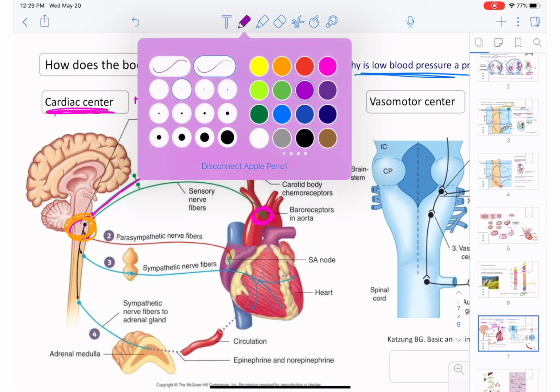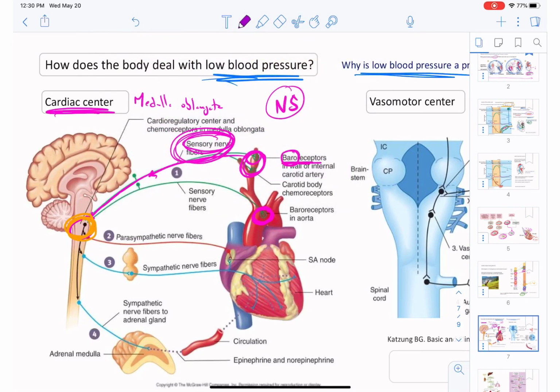And the third thing that the nervous system does is it sends out commands through its motor division to activate effector organs to correct the problem. And what's the effector organ that we're going to use to correct this problem with blood pressure? That's going to be the heart. Remember, the effector organs for the nervous system can be skeletal muscle, smooth muscle, cardiac muscle, and glandular tissue.